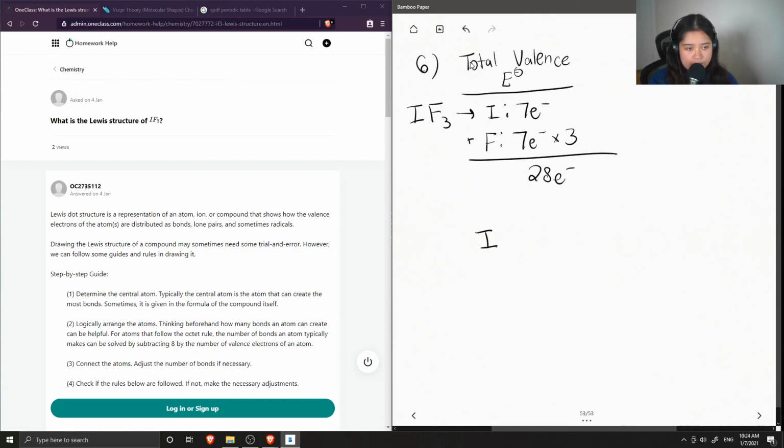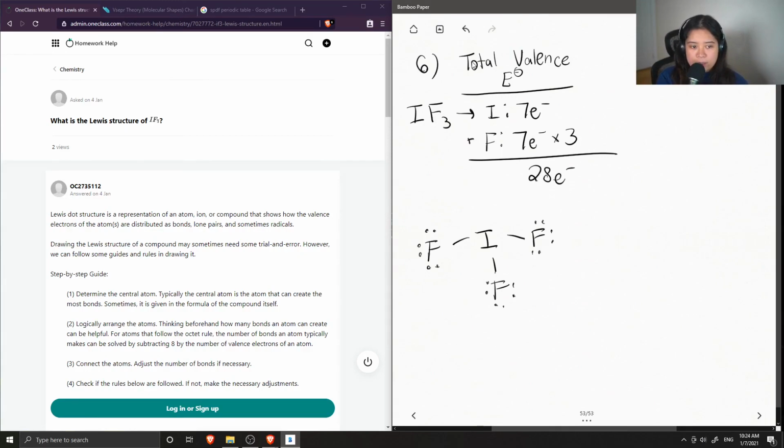So now I'll draw my iodine with my 3 fluorines all around it. And I'll draw out all the lone pairs as well. So if we count out how many electrons I've drawn so far, each bond contains 2 bonding electrons, and then we have 6 in total for each fluorine atom, so I only have 24 electrons drawn.